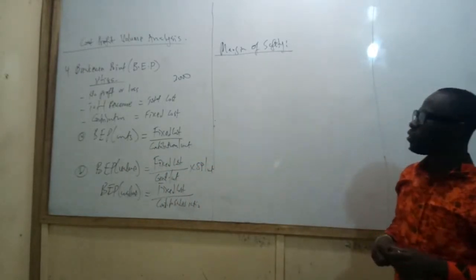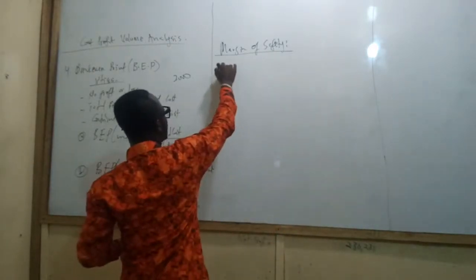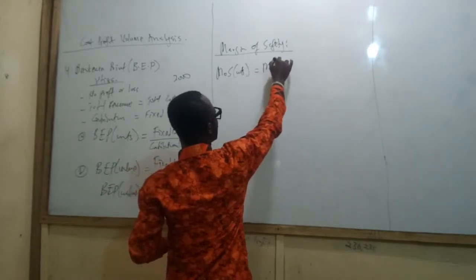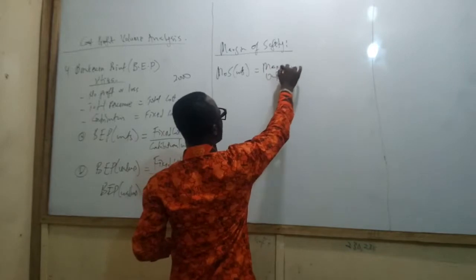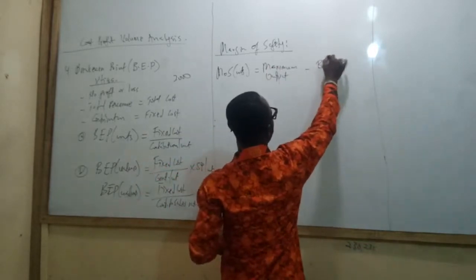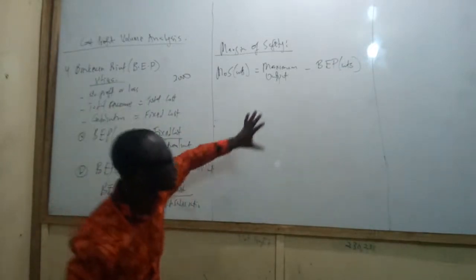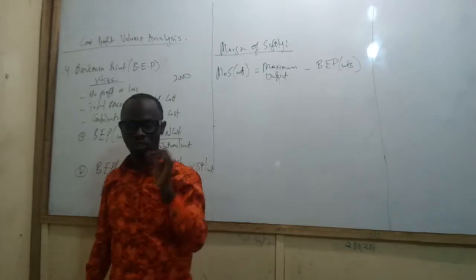In simple language, MOS in units can be calculated as maximum output minus break-even point in units. Very important.